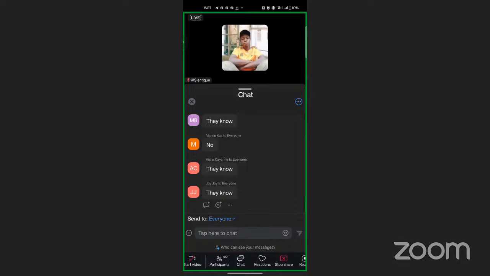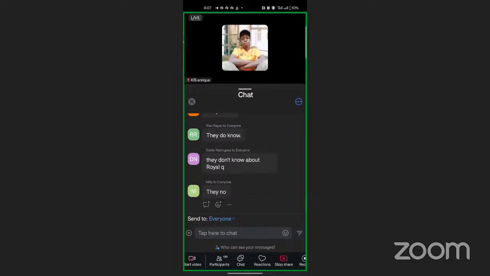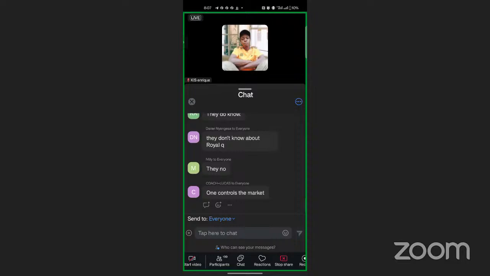Because when things change, I have never seen any exchange that has a say over the market. There is no exchange that has a say. Once things change, you dive in immediately, because no one controls the market.